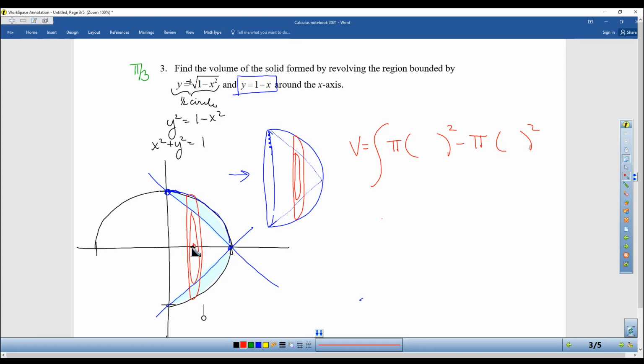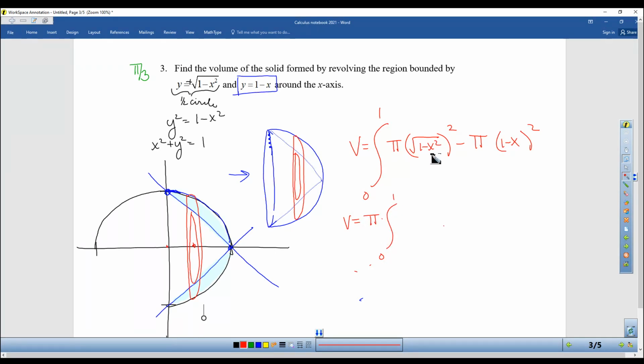The outer washer is being created by the half circle, square root of 1 minus x squared, and the inner washer is being created by the line, 1 minus x. I'm going to start my slicer at 0, and I'm going to keep slicing until I get to 1. All right. This is really just practicing integration, which I will quickly do, but again, you should really be able to do this on your own.